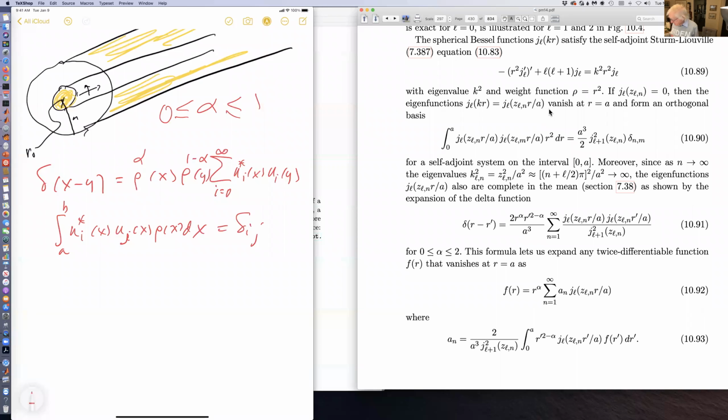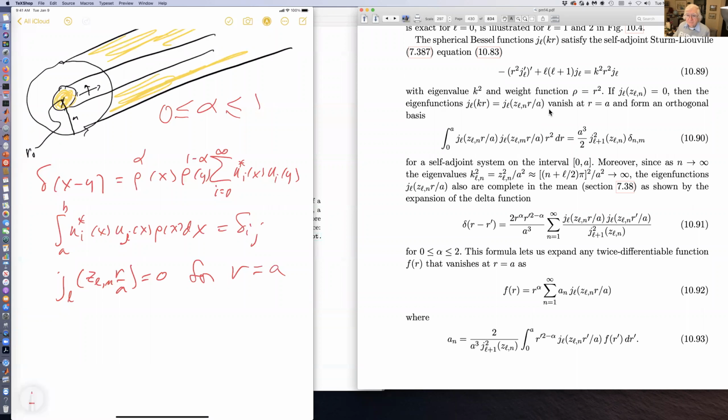In other words, J_L of z_Ln r over a is equal to 0 for r equal to a.